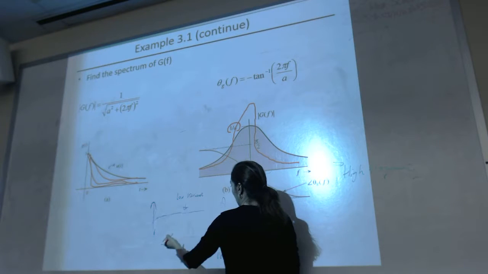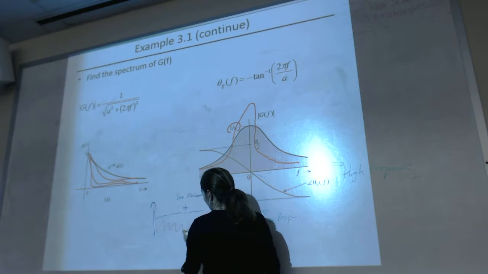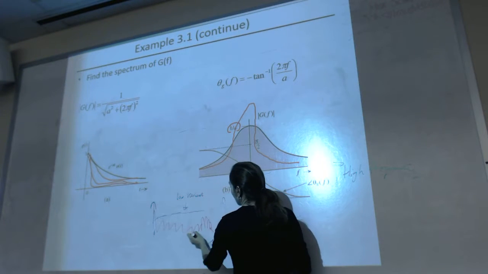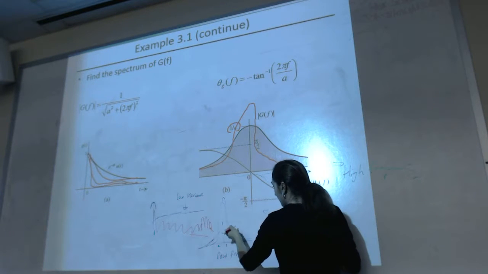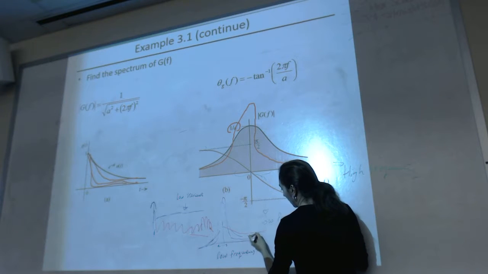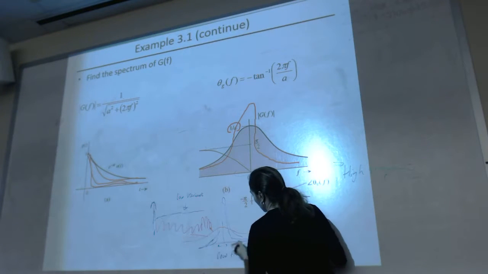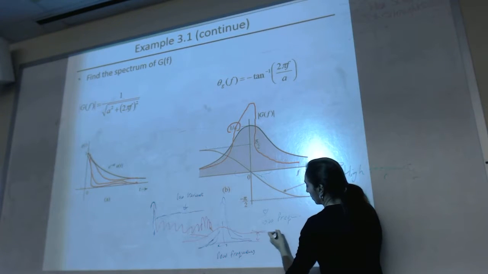Versus if you have something that changes a lot, a lot of variation in time, if I take the Fourier transform, probably you're going to see something which also has a lot of high frequency components. You see the difference? So as the frequency goes high, you still have a lot of large components.